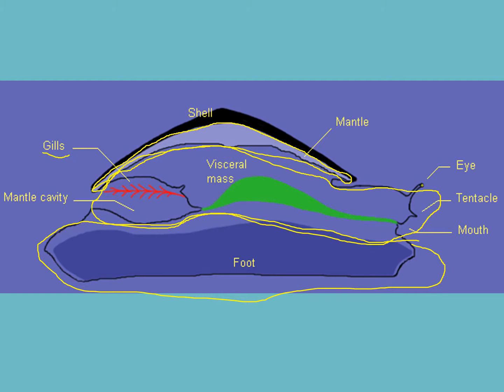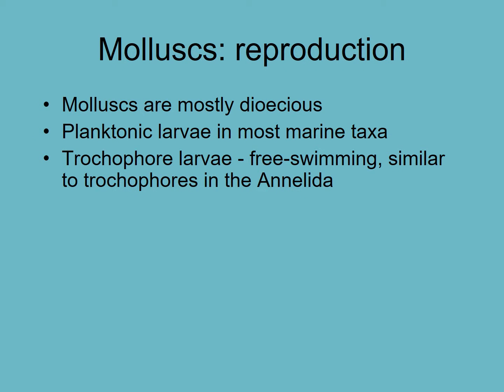Now, they generally have external gills. Not all of them do, though. They have eyes, very well-developed eyes in certain species, and tentacles. These are the ones that if you touch them in a snail, they retract very quickly. And some of you will know what I'm talking about. They're mostly dioecious, so they're either male or female.